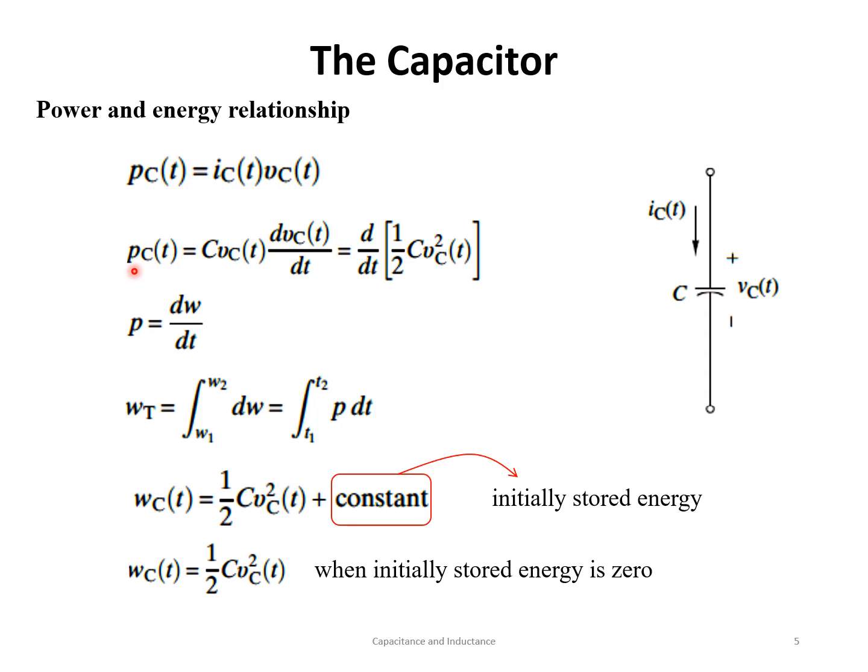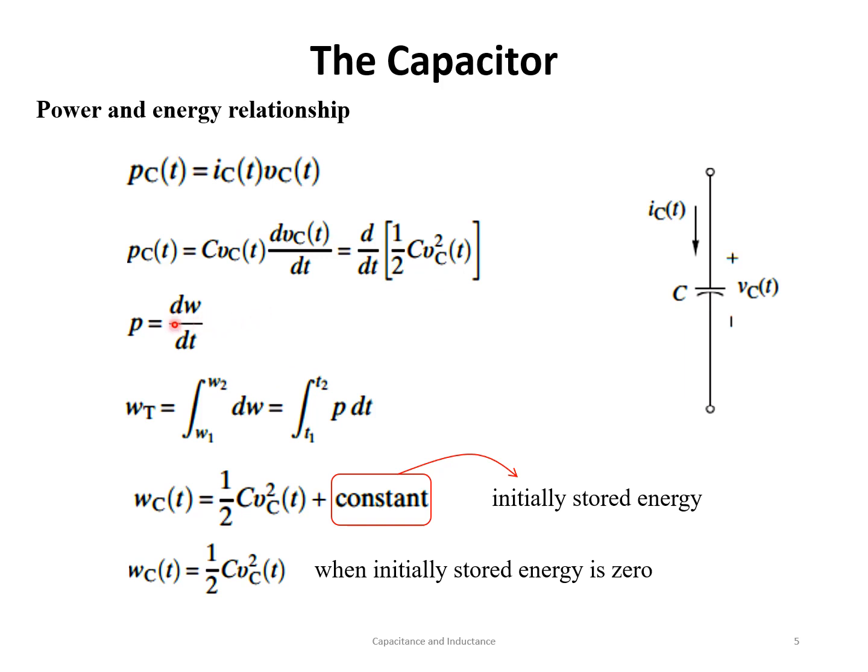Pc(t) means the power related to the capacitor. We know what is iC and vC. iC, as we have seen in the previous slide, is C dVc by dt, and we just rearrange these terms. We write vC first, and iC is C dVc by dt. This is equal to the derivative of 1 by 2 C v square.